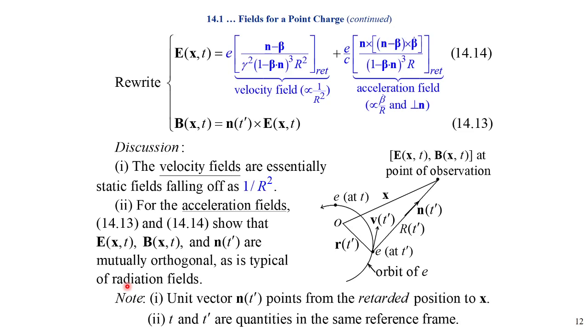So just like E cross B gives the Poynting vector, E cross H, n is the direction of propagation. It will be mutually orthogonal to the electric field and magnetic field. Okay. Note, we have 2 notes. The unit vector n points from the retarded position here to here, the observer. t and t prime are quantities in the same reference frame.